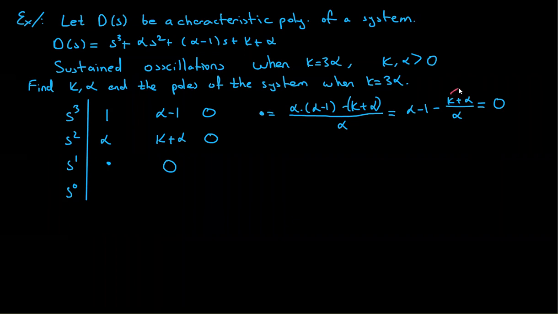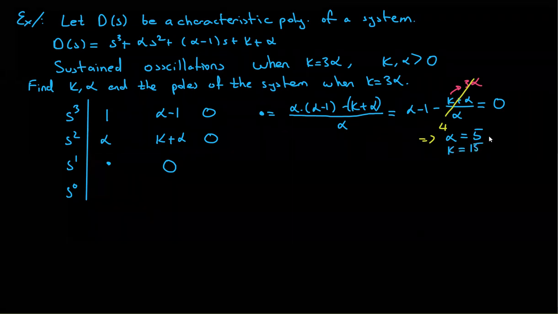If I write here 3 alpha instead of K, the whole thing becomes actually 4 alpha divided by alpha. So this will be simply equal to 4. And from there, I can write alpha is equal to 5. And K is equal to 3 alpha, it will be simply equal to 15. Okay, so then we will have the 0 in the Routh array as expected, okay?